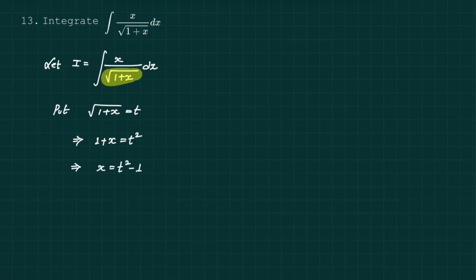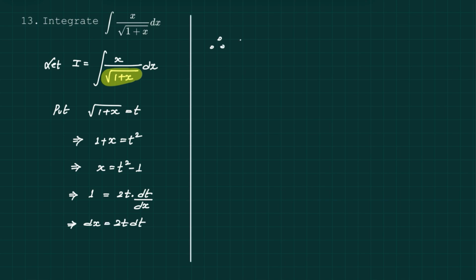And if I differentiate both sides with respect to x, then d/dx of x is 1 equals d/dx of t square will be 2t, and using chain rule it will be dt over dx, minus d/dx of 1 is 0. And on cross multiplying we will have dx equals 2t into dt.